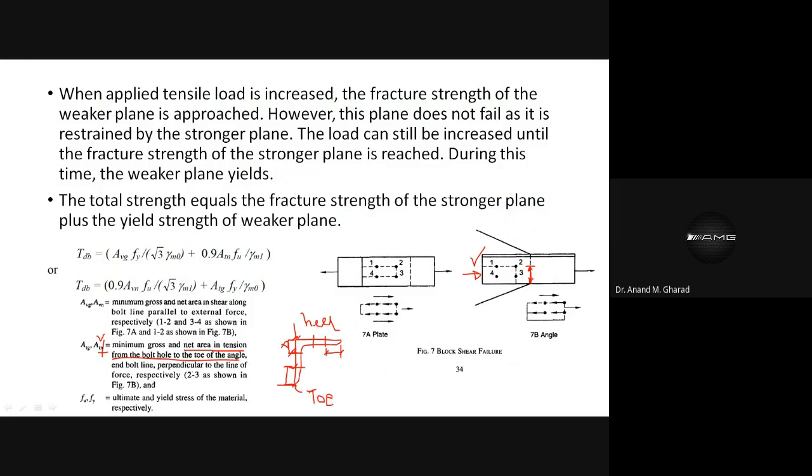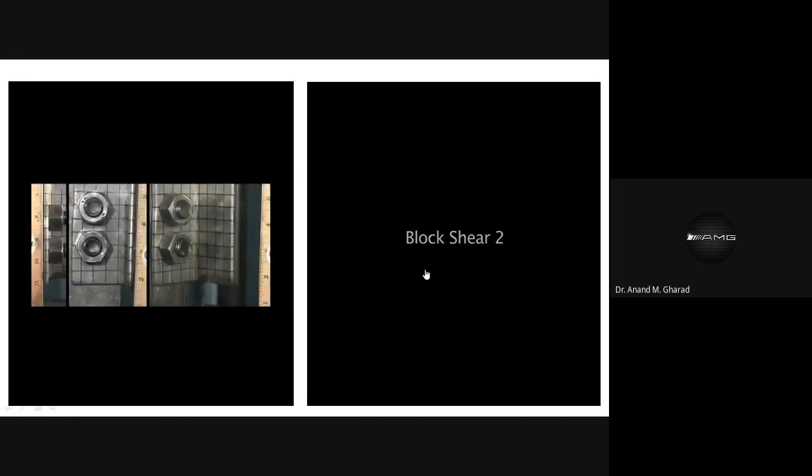Right. So fine. So next part is, let's see what is the behavior of an angle section which will be subjected to tension force, and if bolted connections are provided. In that case, how is the failure pattern? There are two types. This is block shear 1 failure, and this is shear 2 failure pattern.